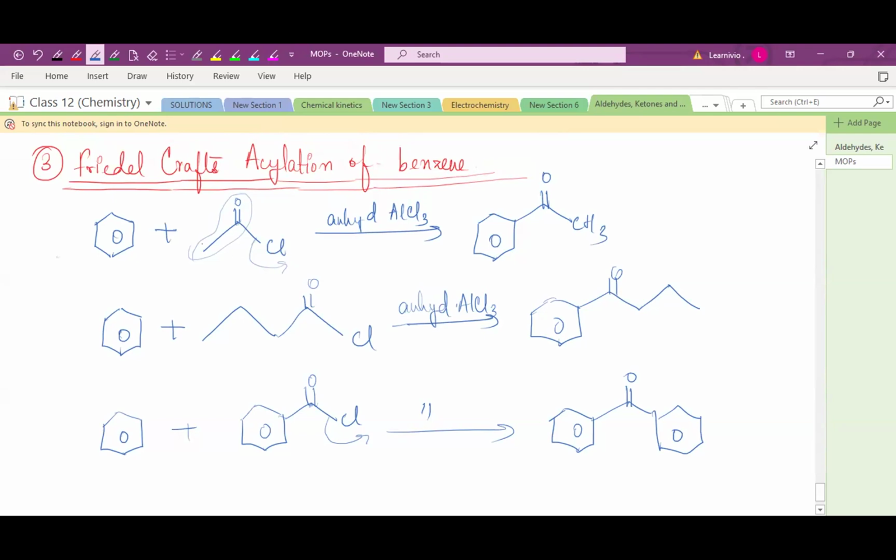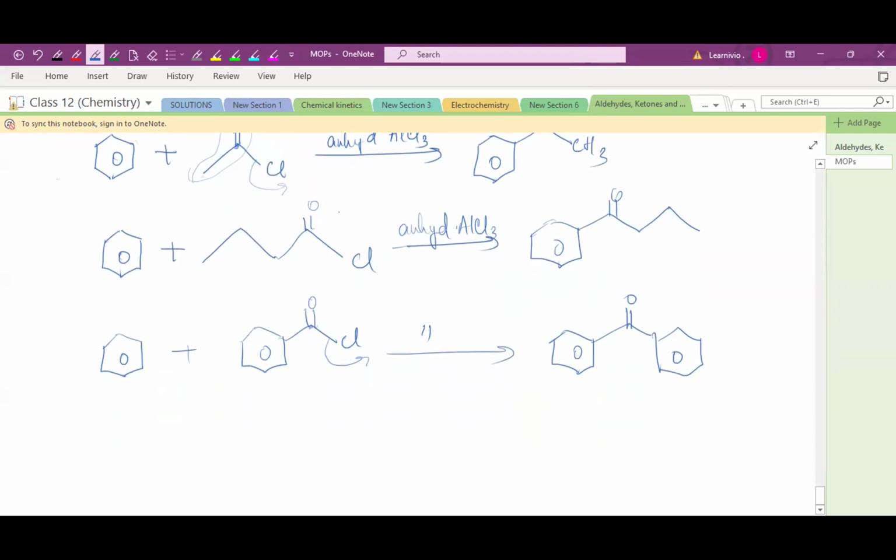So what is RCO group in this first one? So this is your CH3CO group. So you will attach the CH3CO group to this benzene. Okay, and attachment will be from this carbon. You have to attach this ketonic carbon to the benzene ring. Okay, so this is your whole Friedel-Crafts acylation of benzene.